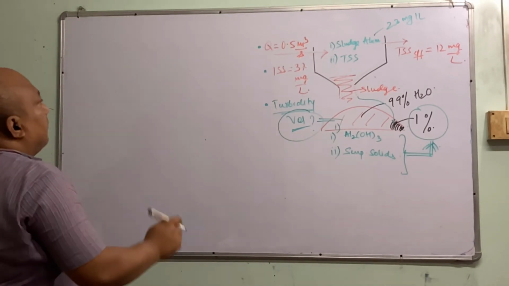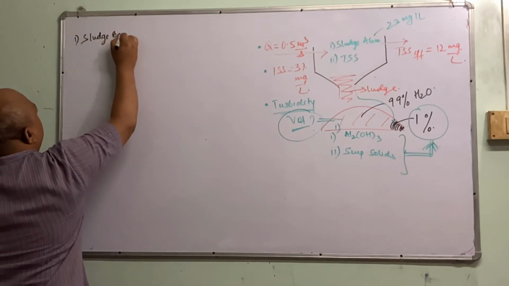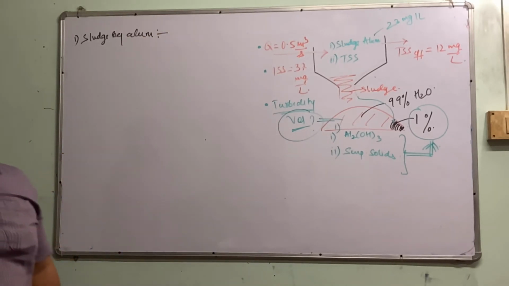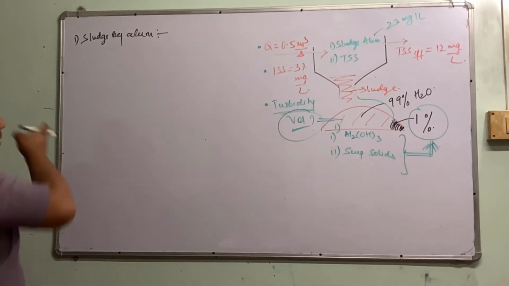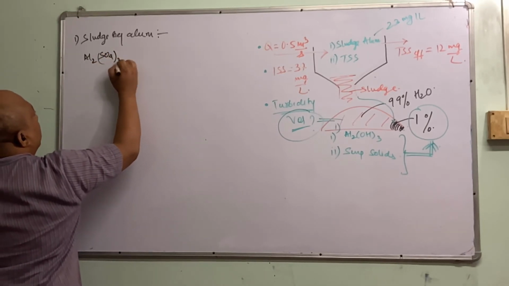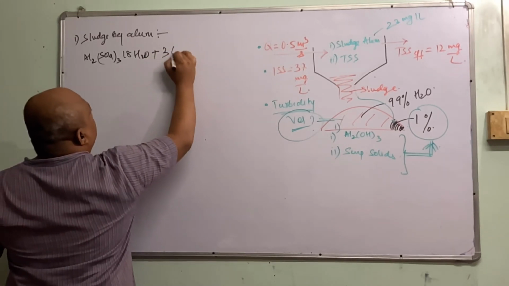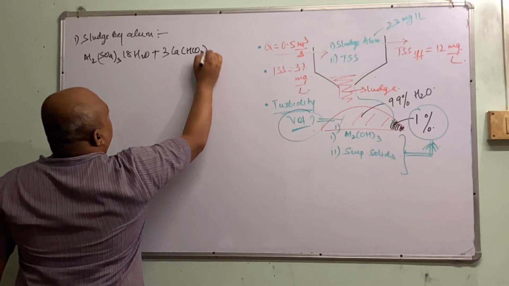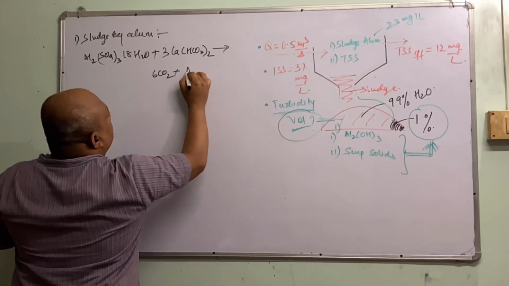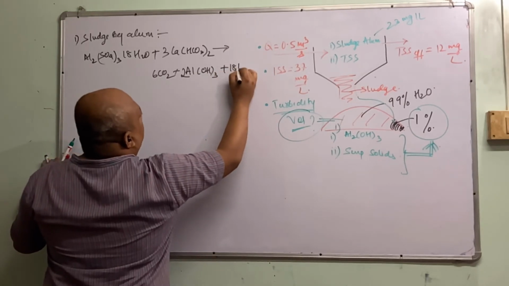See here. First one is sludge by alum. If the question is 20 marks, 30 marks, you elaborate the equation like this: Al2(SO4)3·18H2O plus 3 Ca(HCO3)2 gives out 6 CO2 plus 2 Al(OH)3 plus 18H2O.